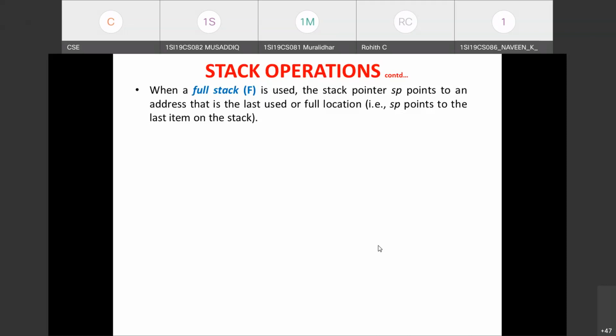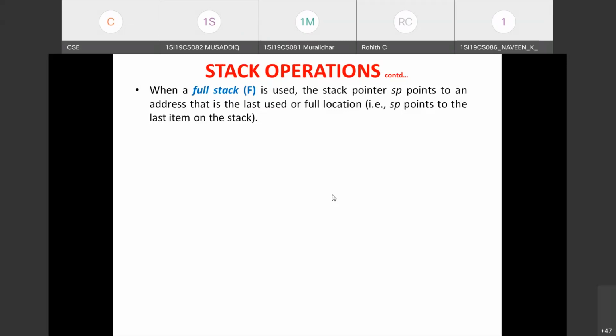What about empty stack? Before that, if it were to be a full stack you are using, and you want to insert new data into the stack, then we have to update the stack pointer first, and then go for inserting the data. That is, we need to perform the push operation. If we are using full stack, what is the update we need to do to the stack pointer? That depends on whether you have considered ascending stack or descending stack.